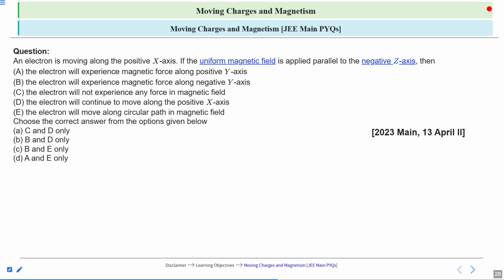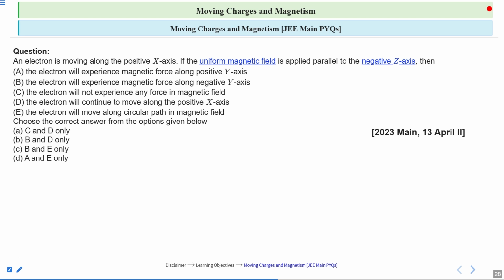Then five statements are given. Statement A: the electron will experience magnetic force along the positive y-axis. Statement B: the electron will experience magnetic force along the negative y-axis. Statement C: the electron will not experience any force in the magnetic field. Statement D: the electron will continue to move along the positive x-axis.